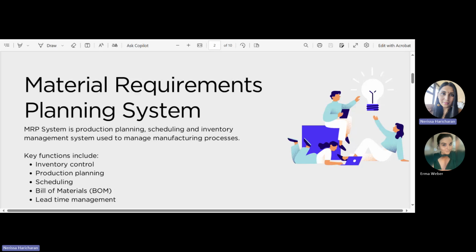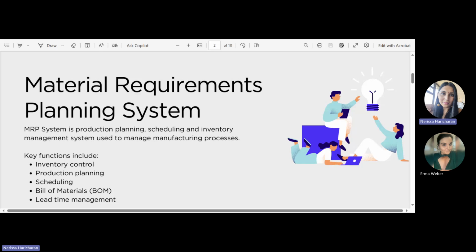Okay, so you want to be able to plan yourself out when you are going into a production or a manufacturing process.